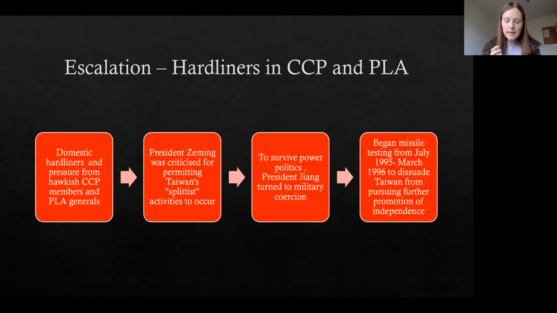And consequently, in this climate, to survive the power politics and to placate military hardliners, President Jiang turned to military coercion by beginning a series of missile tests from 1995 to March of 1996 around Taiwan to try and mitigate any further Taiwanese independence efforts.